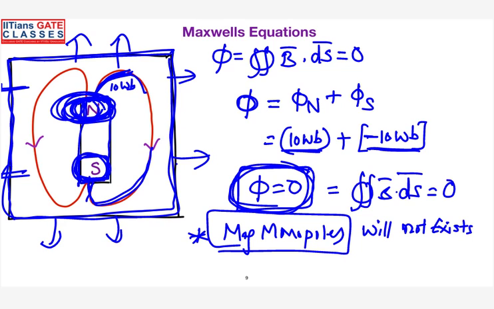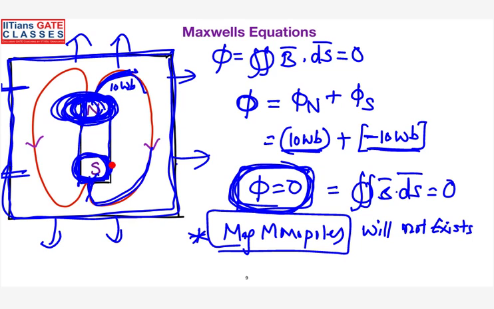The flux becomes zero because there is one source generating the flux and another source absorbing it. So I can call the North Pole a source and the South Pole a sink. When you consider the magnetic field, the one generating the magnetic flux you can call a source, and the one absorbing the flux is nothing but a sink.